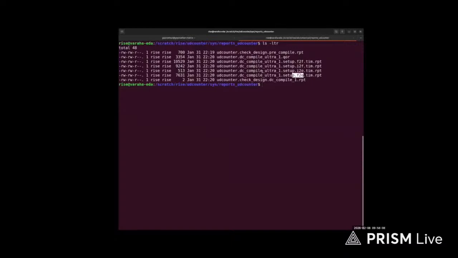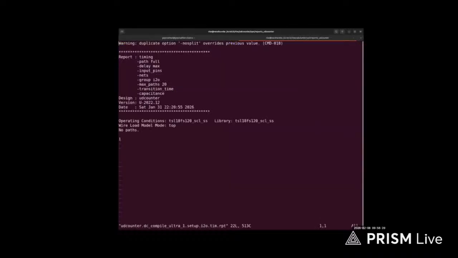Let us see whether there is any input to output path available for this up-down counter. If there is any direct input to output path, we'll see that. Here it says no paths. There is no direct input to output path available for this design.